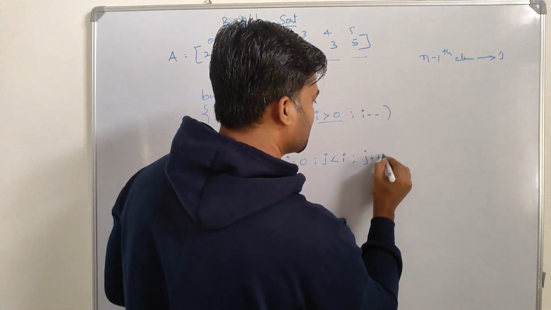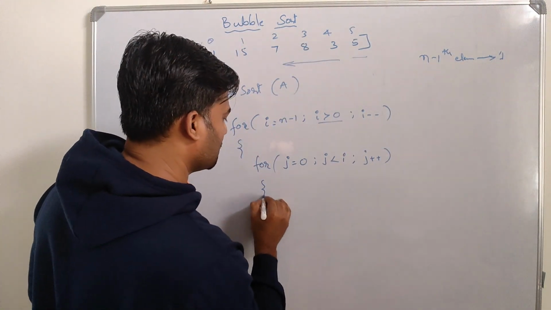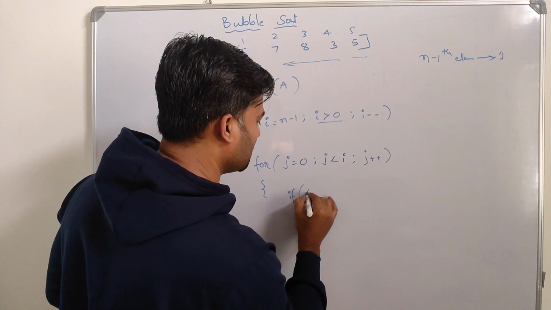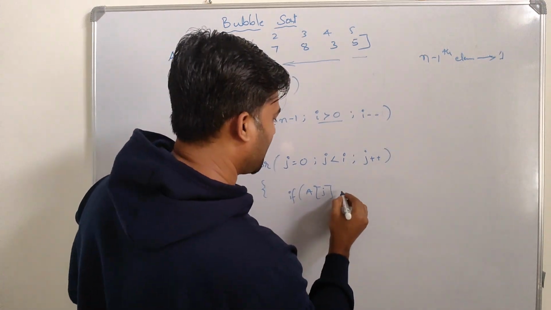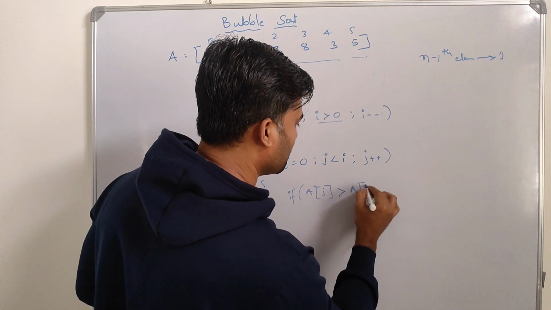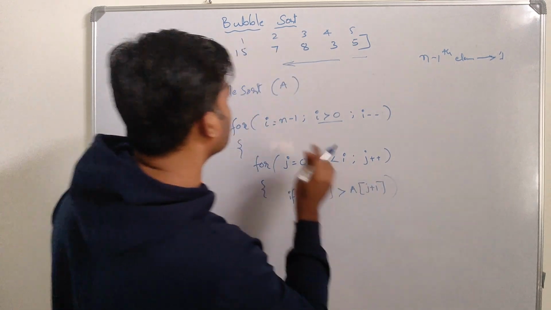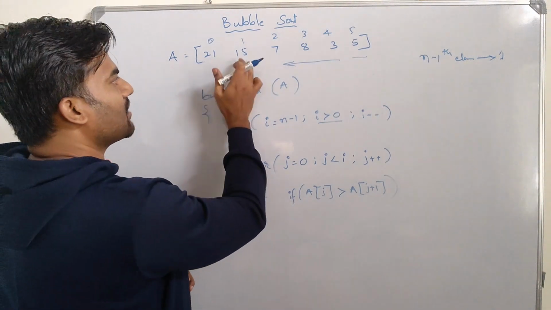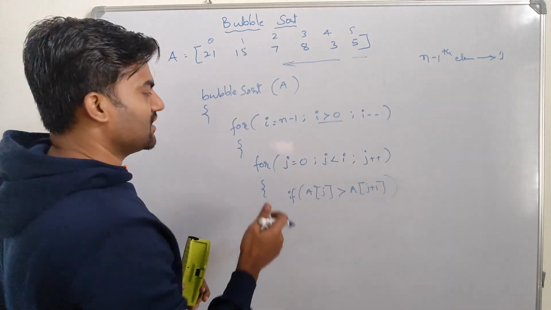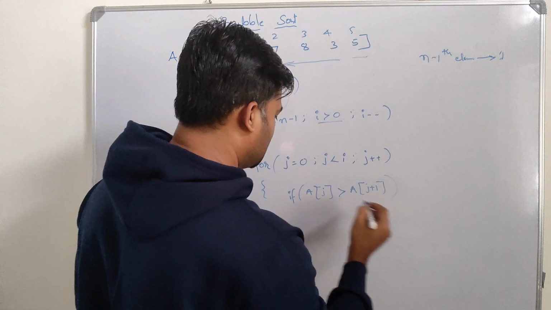That's why j equal to 0, j less than i, and j plus plus. Here I will check if a of j is greater than a of j plus 1. Because we compare these two elements, starting from this location, I compare it with the immediate next element.